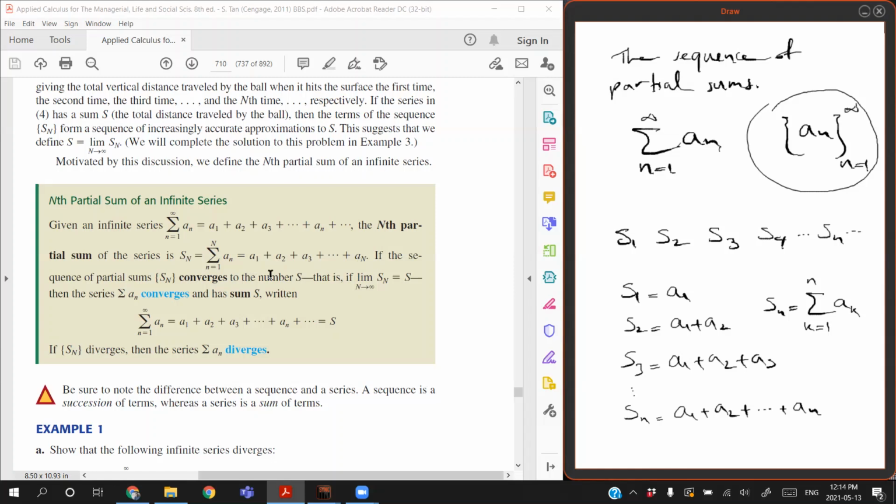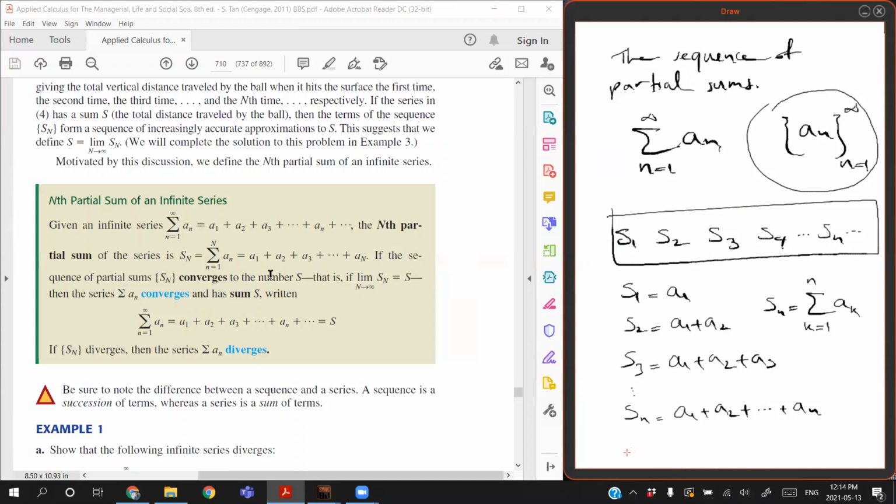Now, since this is a sequence, and we have already talked about the convergence of sequences, we know that we can take the limit of a sequence and see whether that sequence converges or diverges.